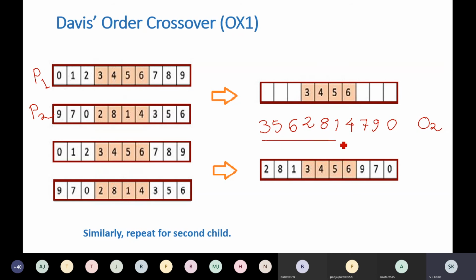So this is the new offspring, correct. The new offspring that is generated, that is O2.